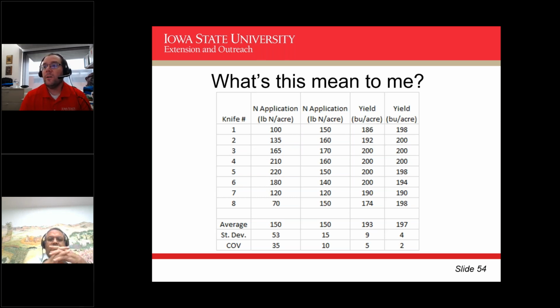But really, if you can go from something where you're at 35% variation to something where you're at 10% coefficient of variation, we're looking for somewhere around 4 bushels an acre of yield improvement, right? So 4 bushels of corn at roughly $3, maybe a little more, is about $12 an acre of potential profit from investing in a piece of technology that better suits your needs. And that may not sound like much, but start adding that up over multiple acres, multiple years, and some of these investments really start to pencil out.